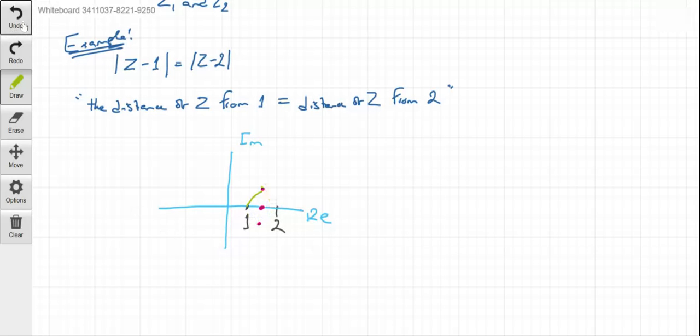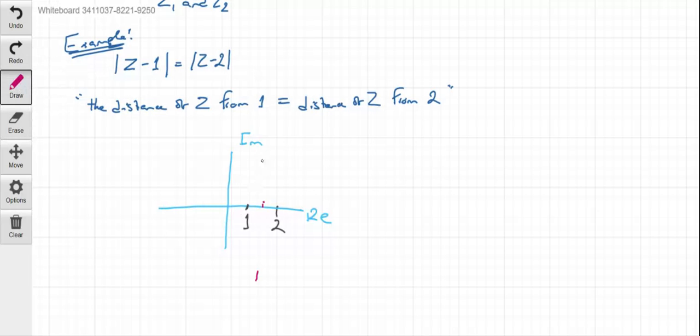So there should be an infinite number of points that go through this middle point, and by now you should be getting the feeling of what this looks like: a vertical line that goes right through the middle of 1 and 2.